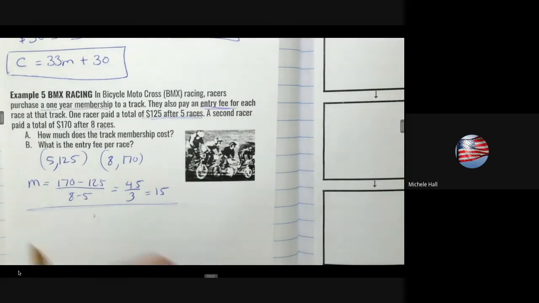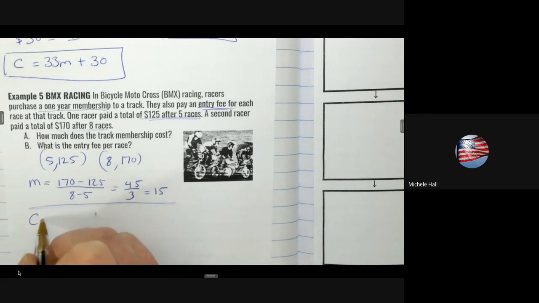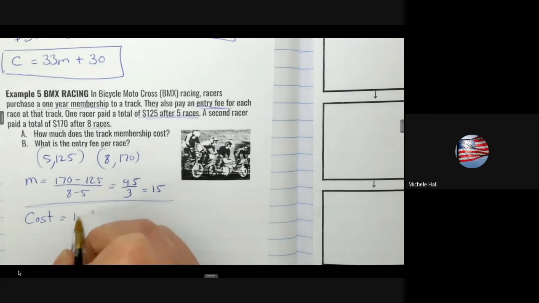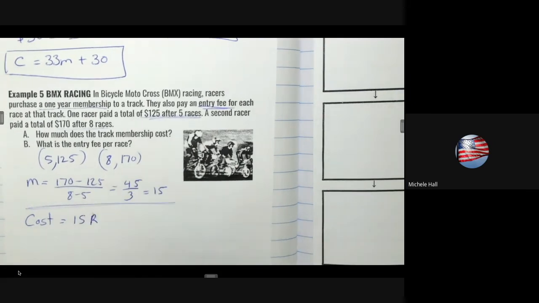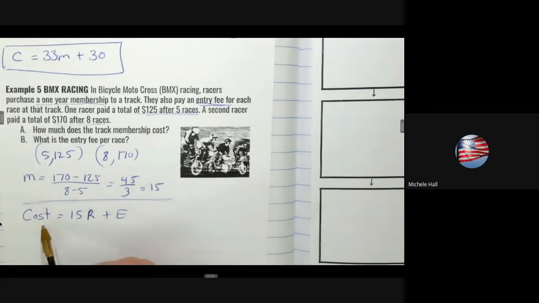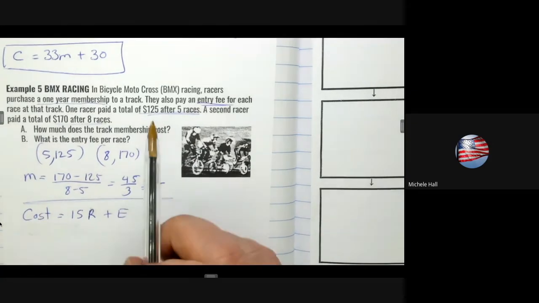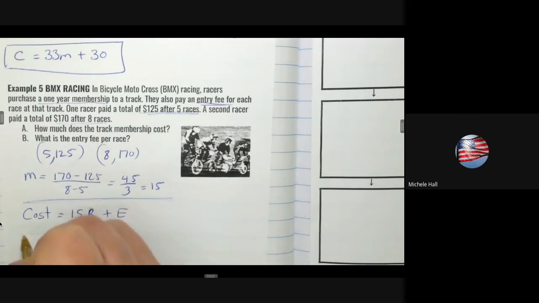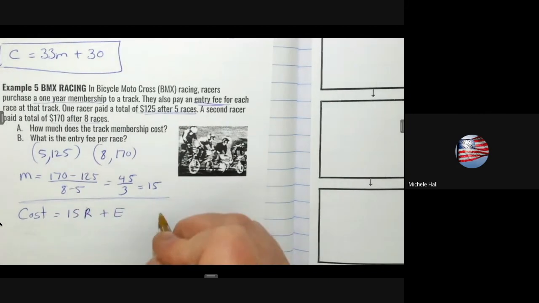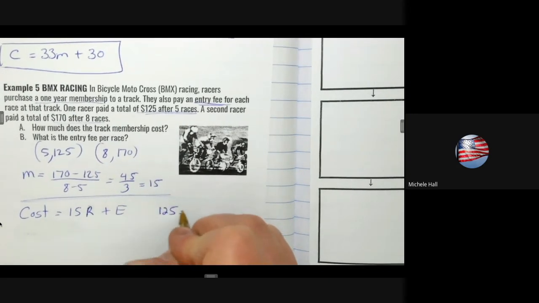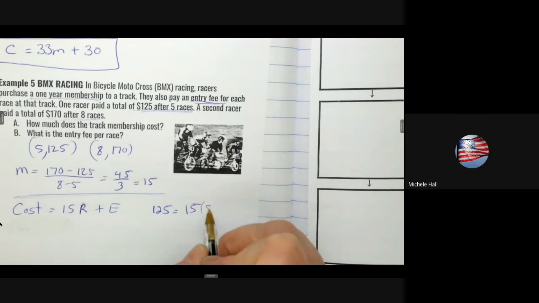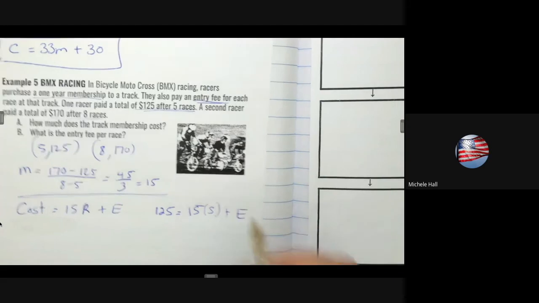We know that the cost is going to be $15 per race plus the entry fee. So we know that it costs $125 for 5 races. So we can say that $125 for 5 races equals 15 times 5 plus the entry fee.